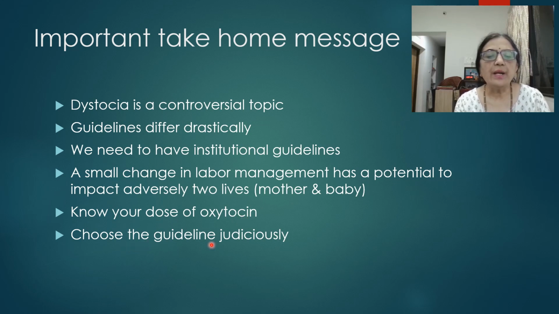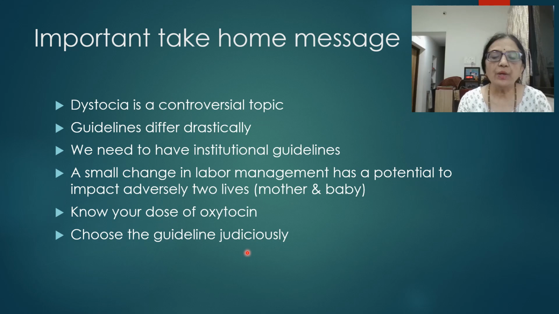We need to choose the guideline judiciously because each guideline is for its own population depending on local evidence. Similarly, for our population, we should have our own guideline depending on whether we have more patients who are short-statured or more patients who are elderly, obese, with all these risk factors or abnormal types of pelvis such as android pelvis.